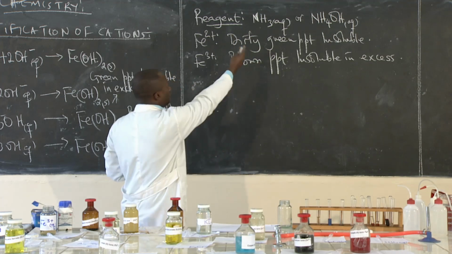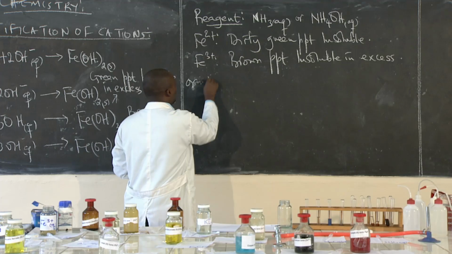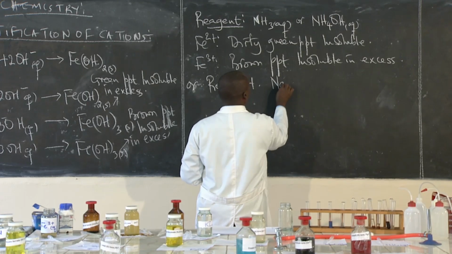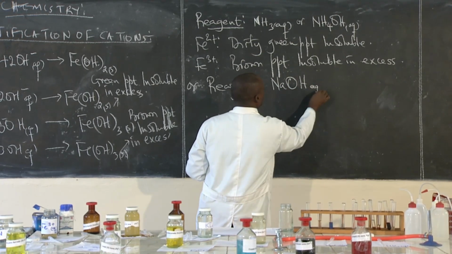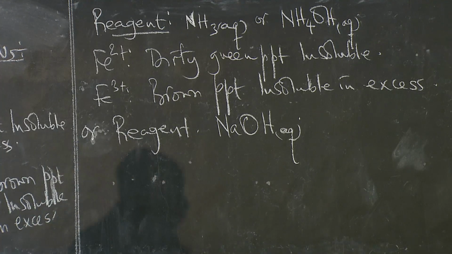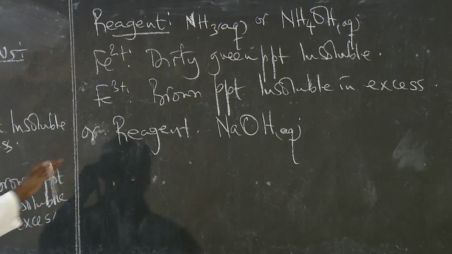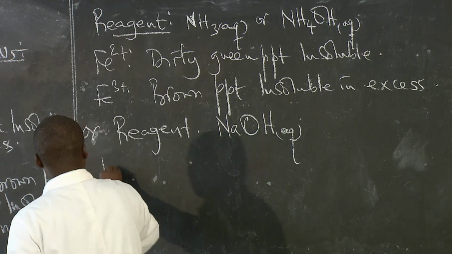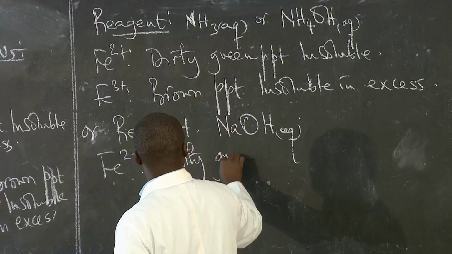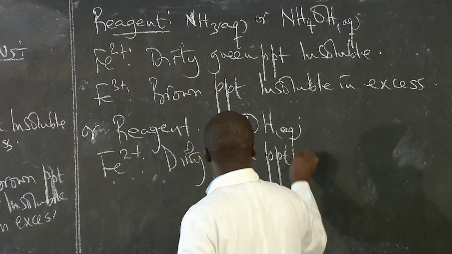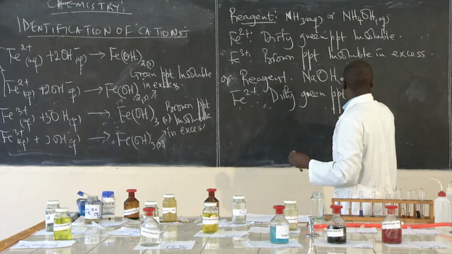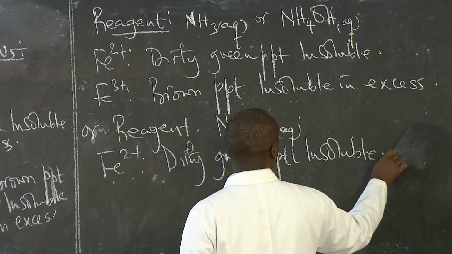You can use ammonia or you can use sodium hydroxide. Sodium hydroxide, you still remember the observations? Some of them are still here. When you use sodium hydroxide with iron 2, we also get a dirty green precipitate, which can also be called a gelatinous dirty green precipitate, insoluble in excess.